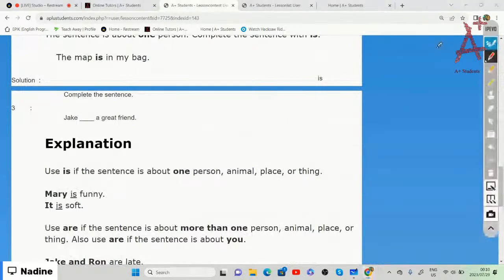In this case, seeing that Jake is referred to as one person, we're going to say Jake is a great friend, because it refers to one person only that we are talking about. We don't say Jake are because Jake is on its own, or Jake am because am just does not make sense within that sentence. So Jake is a great friend.